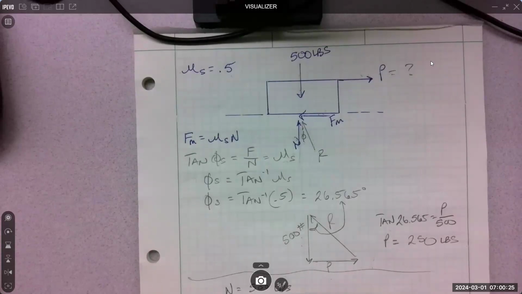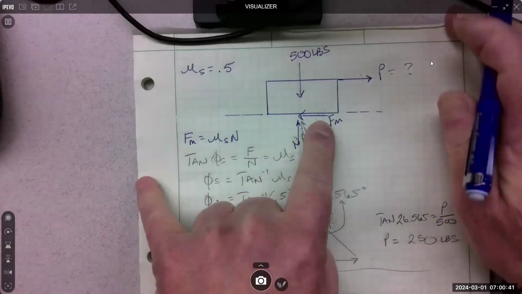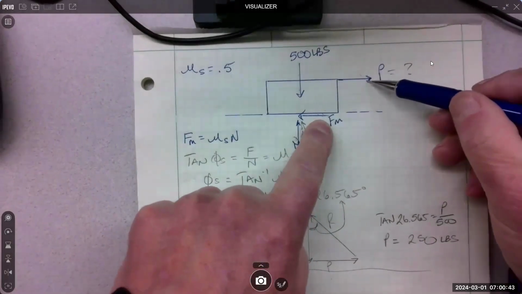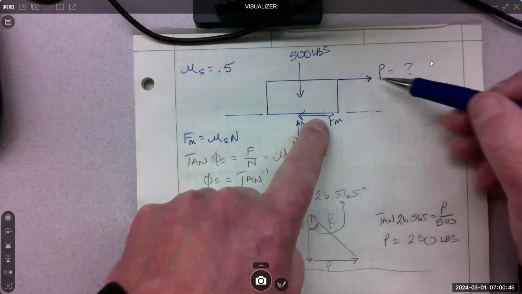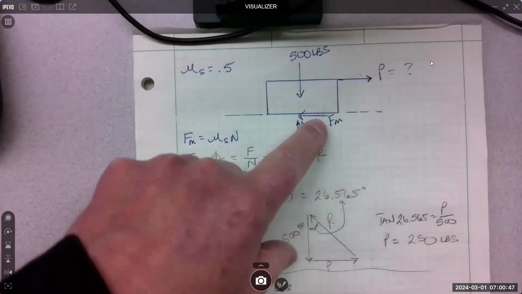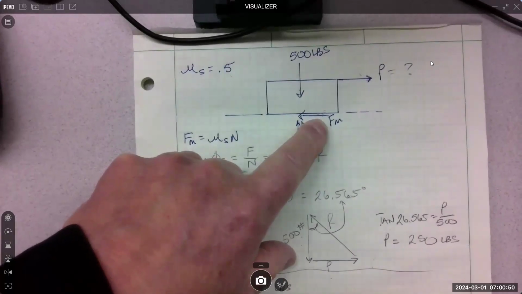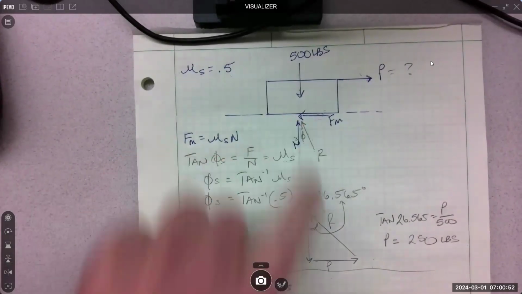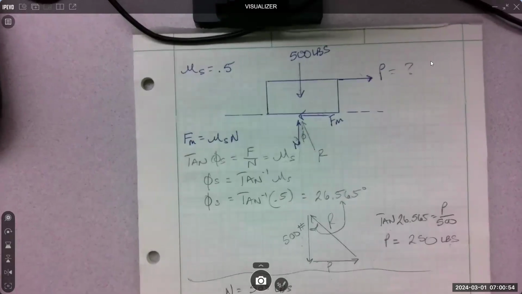So then friction max is equal to 500 pounds times 0.5, which equals 250 pounds. So that's this, right? Then impending motion would mean P and these two have to be equal and opposite. So P equals 250 pounds. Comes out the same, right? It works the same.